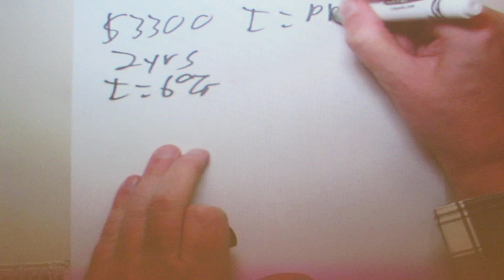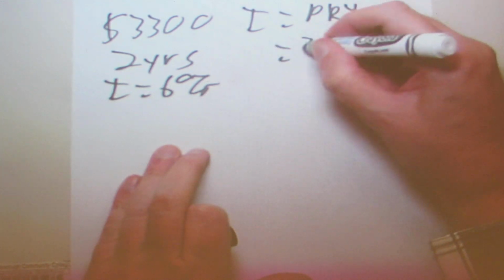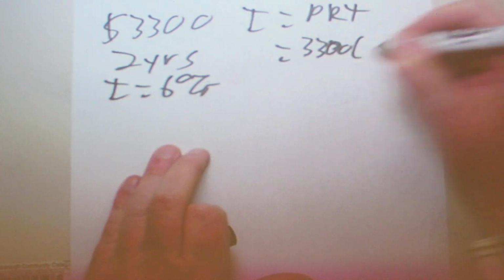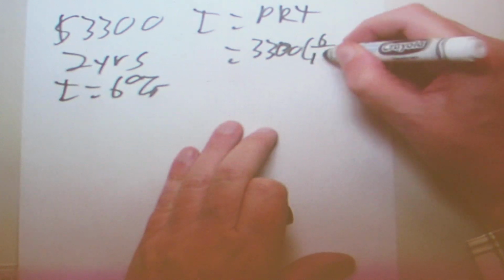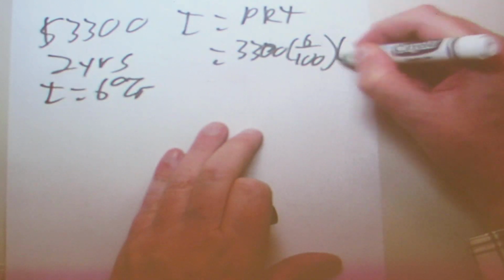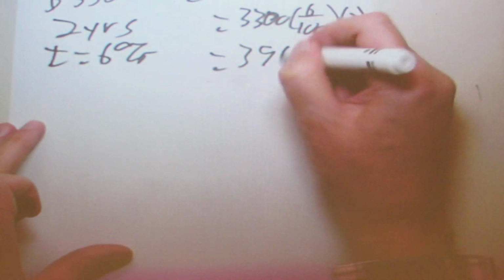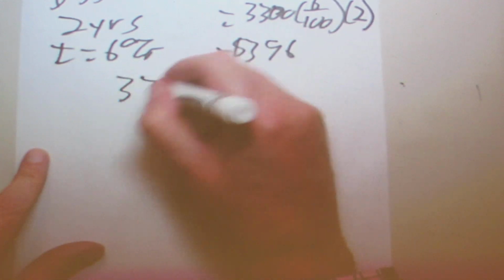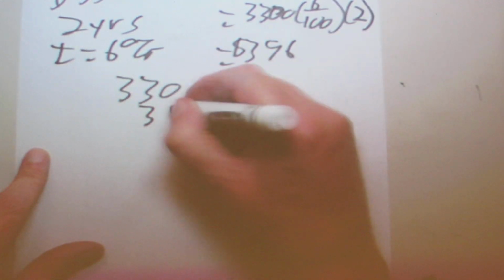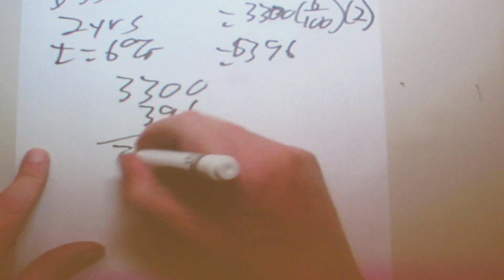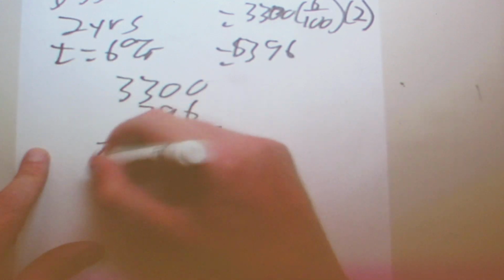So the first is interest equals PRT, which is 3,300 times 6 over 100 times 2 years. When we do that, we're going to get $396. So that's how much the interest is. Now we have to add that back to the principal. So 3,300 plus 396 is 3696.